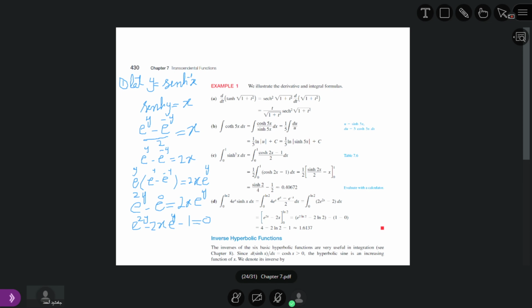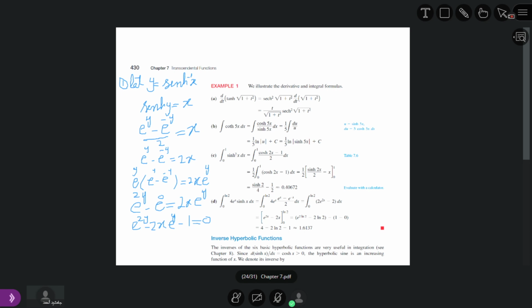After that we shift 2x e power y to the other side, so we get the following. This equation is a quadratic equation.